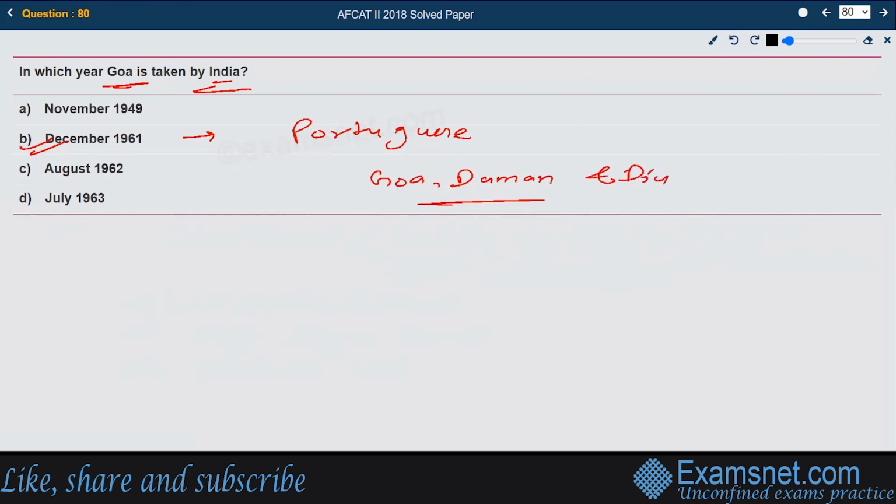These were earlier Portuguese land, and they were taken in December 1961 by none other than the Indian Armed Forces, who were capable of taking them from the Portuguese. So the right answer is December 1961.